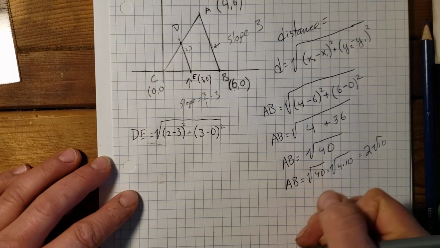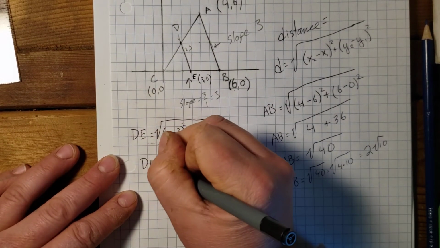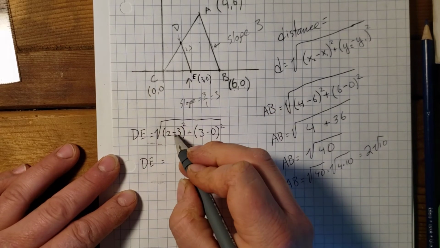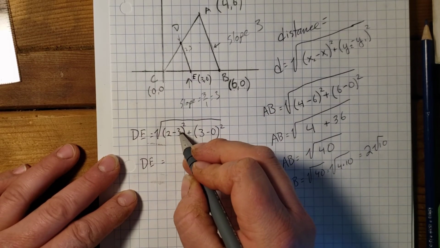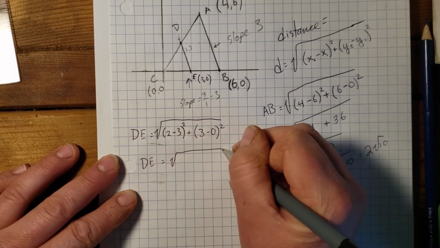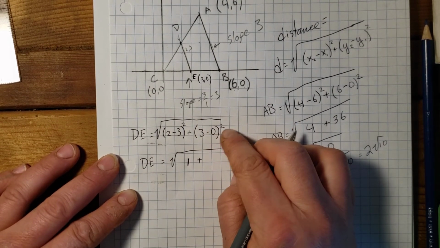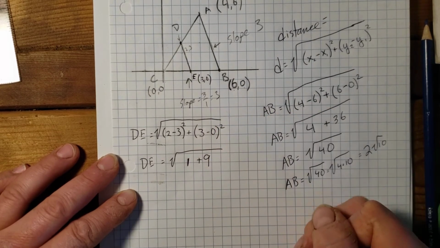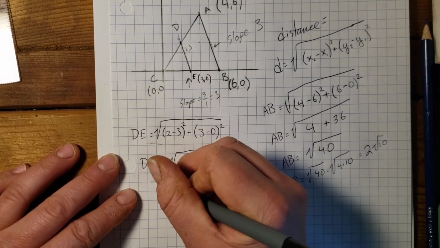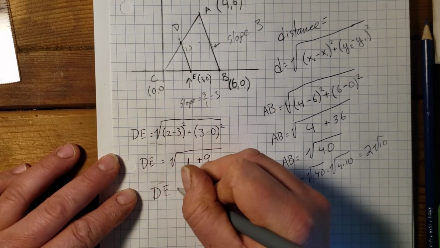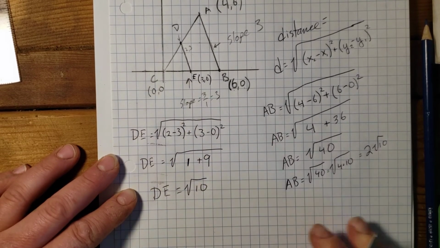So DE is equal to 2 minus 3, which is negative 1. Negative 1 squared is 1, plus 3 minus 0 squared is 9. So DE is equal to the square root of 10.